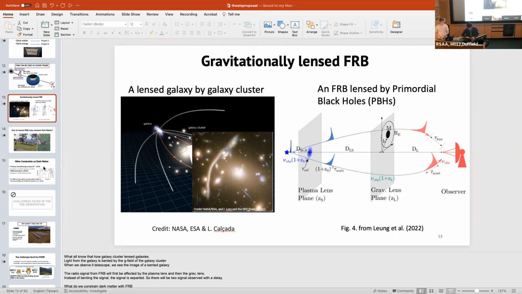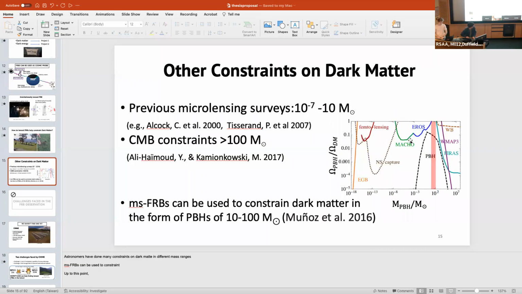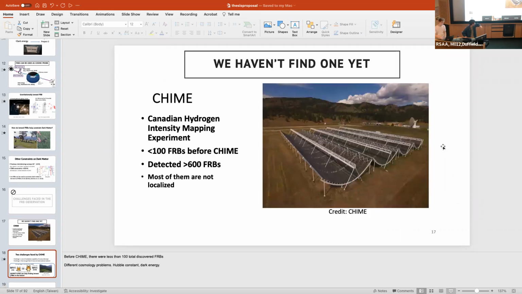Right. That's a good question. So from these plots right here, you can see that this region is missing, even though we have so many surveys, maybe using galaxies to do dark matter constraints. So actually, in terms of the time scale, FRB is very useful for doing this constraint. Let me show you an equation.